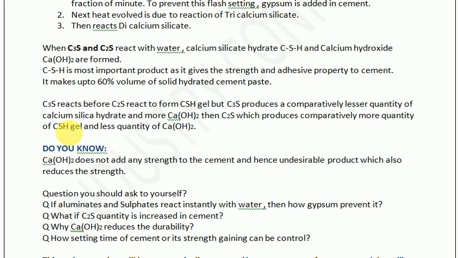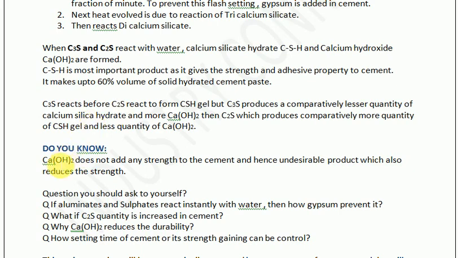So cement which has more C2S, dicalcium silicate, will have more strength than cement which has more C3S. The reason is very simple: the more CSH gel, the more strength in the cement, and we obtain more CSH gel from dicalcium silicate, and less CSH gel from tricalcium silicate.